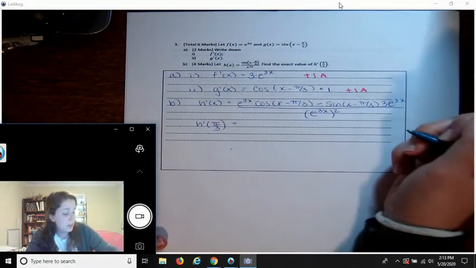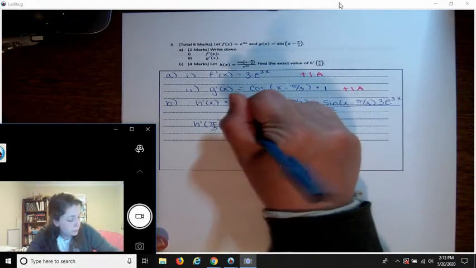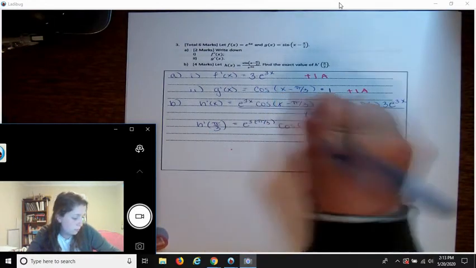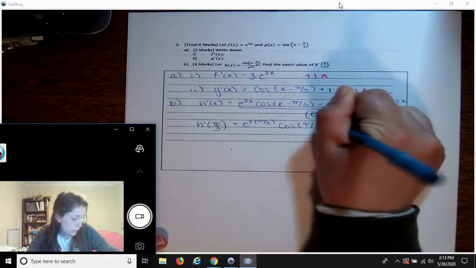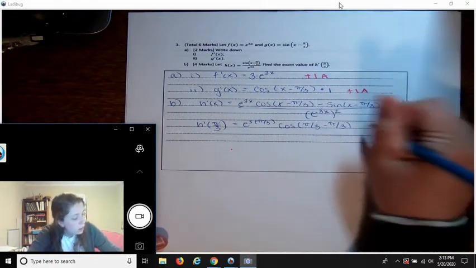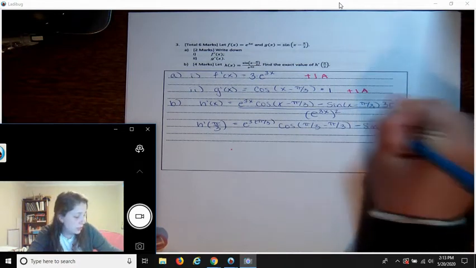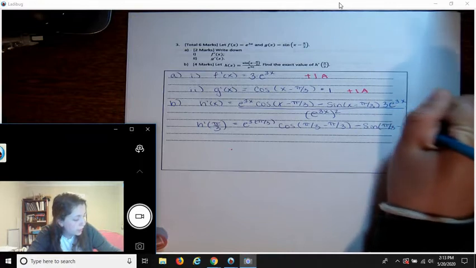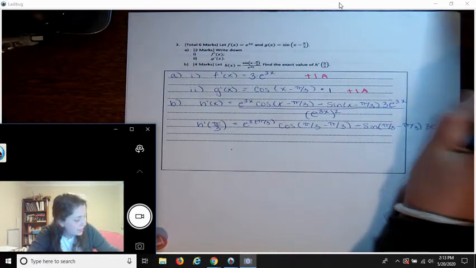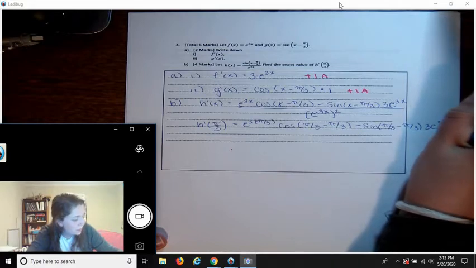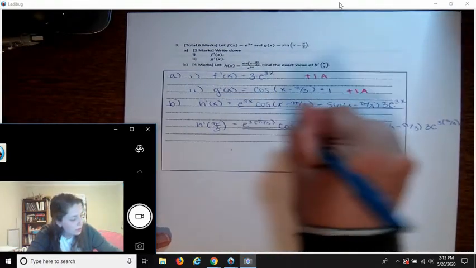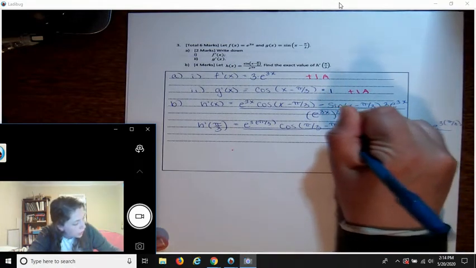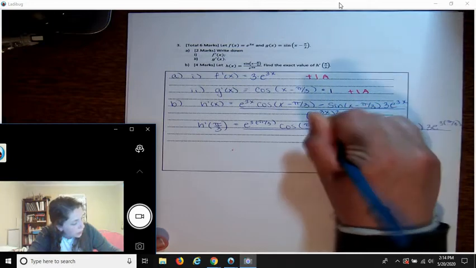If we just sub in pi over 3 everywhere, this will be nice because it's just cosine of 0 and sine of 0. So we're subtracting pi over 3, 3e to the 3 pi over 3. There's so many 3's. And then all over e to the 3 times pi over 3, squared.